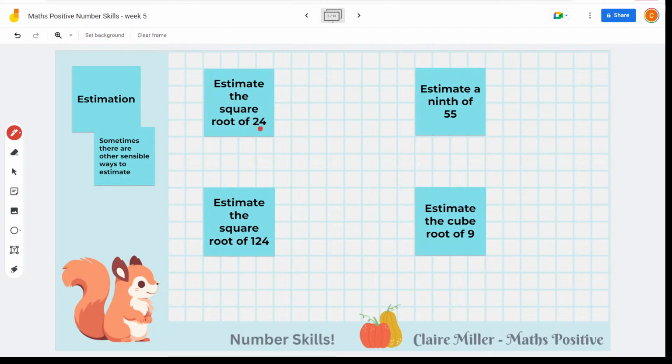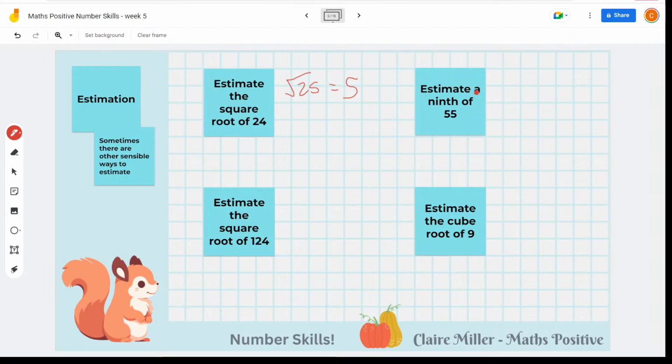So it might be more sensible to round it up slightly to 25, because I know 25 is a square number, so I can find the square root of it a lot more easily. That's going to be 5. So my estimation of the square root of 24, 5 would be a good guess, a good approximation there.